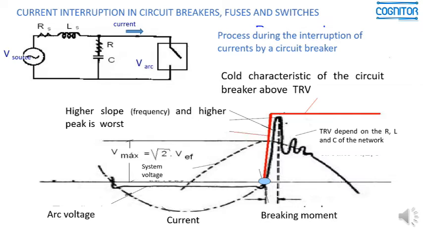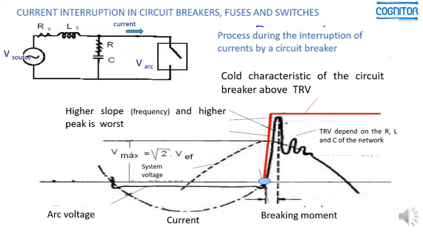You see then that when the current is interrupted at the zero value, transient recovery voltage, which is the black oscillating line, occurs, and this oscillating voltage depends directly on the values of the resistance, inductance, and capacitance of the region near the circuit breaker.